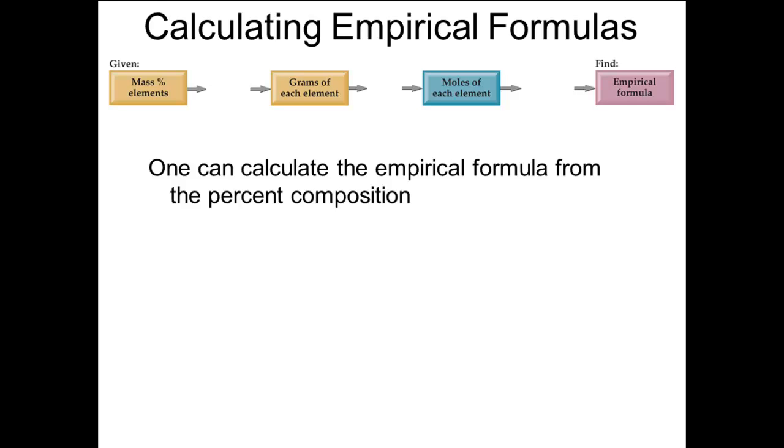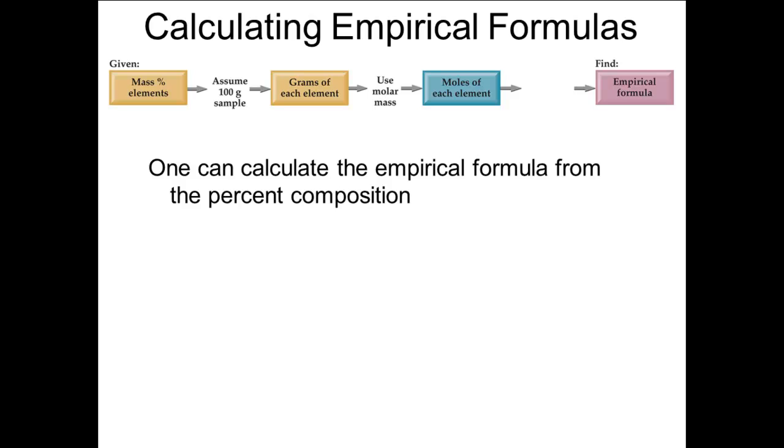The way to do this is to assume we have a 100-gram sample, which converts the percentages to grams. 79% of 100 grams is 79 grams. Next, we determine the number of moles of the element by dividing by the molar mass of the element.